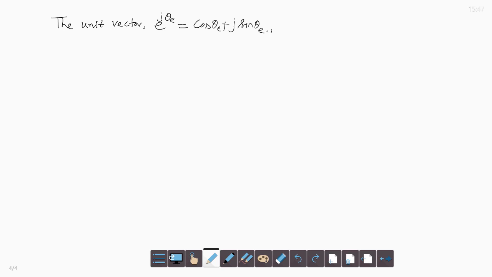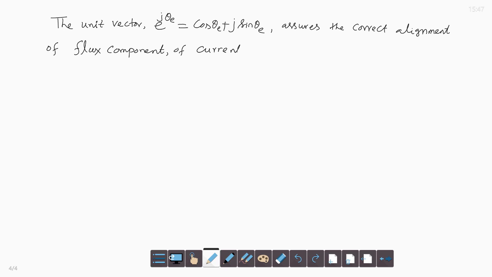This unit vector assures the correct alignment of the flux component of current IDS with the flux vector psi r hat.